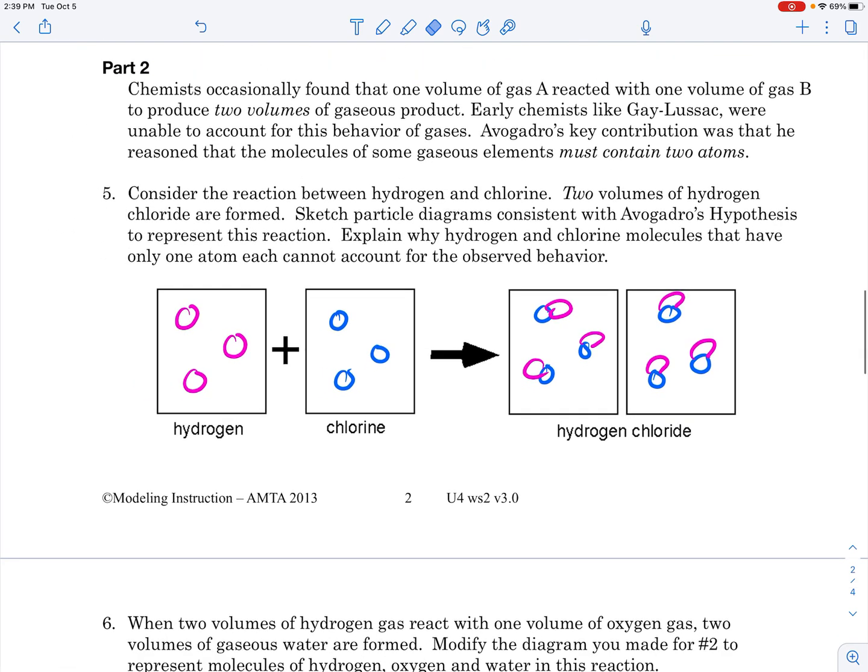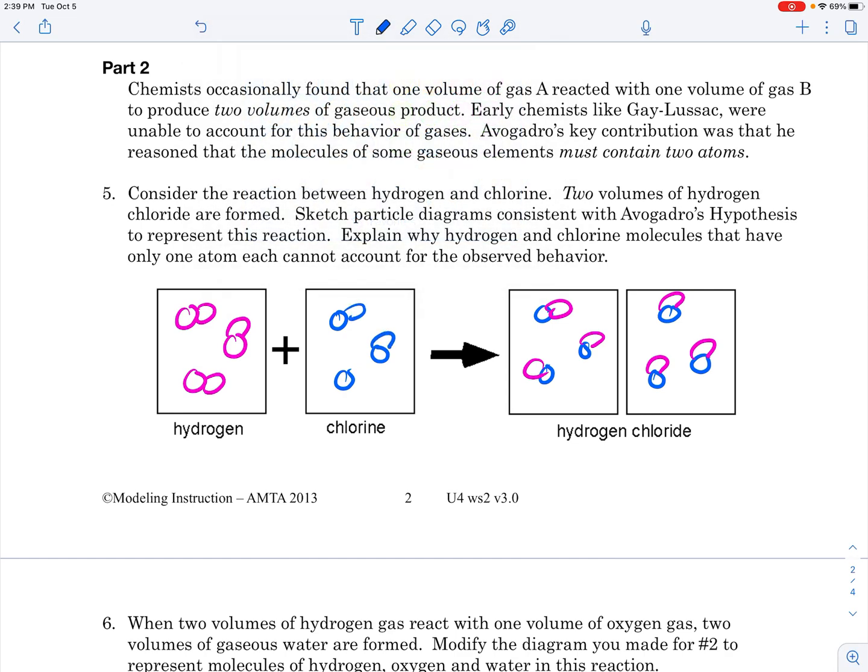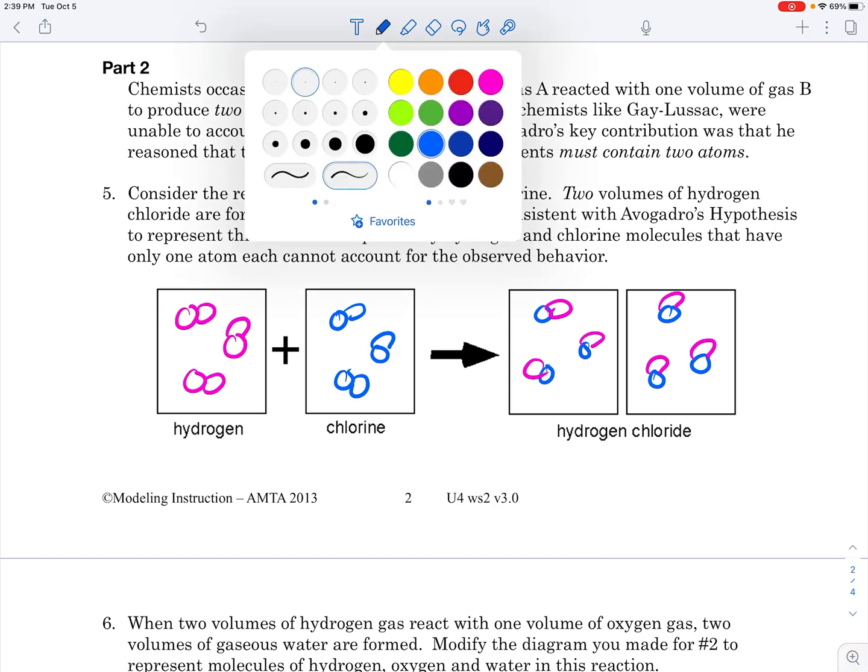So scientists concluded that hydrogen and chlorine must be diatomic. That means that the particles aren't single atoms, they are molecules. They come in 2s. And so this is how the reaction actually happened. And we can represent it with a chemical equation.